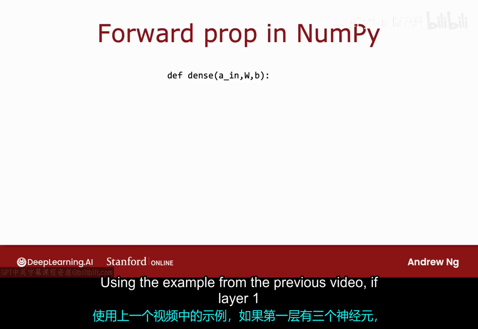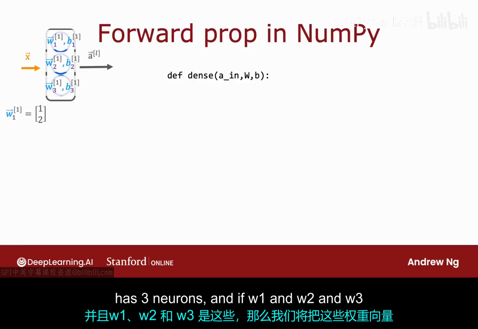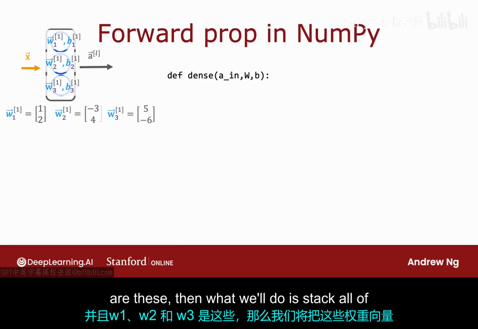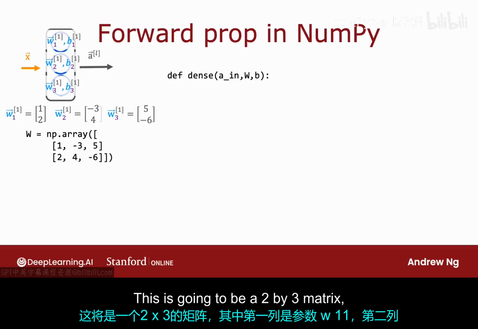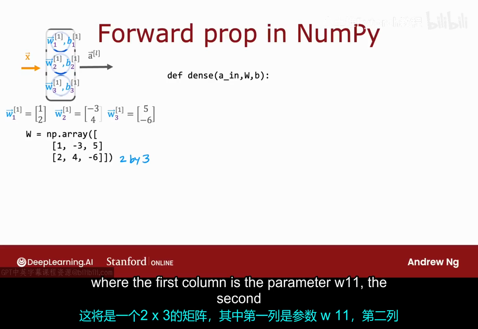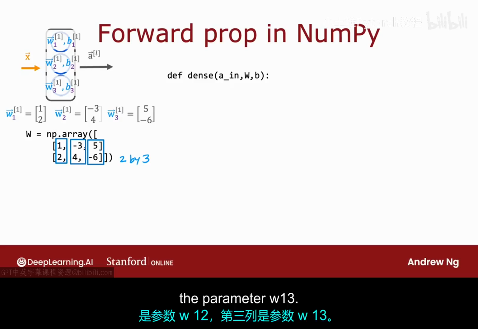Using the example from the previous video, if layer 1 has 3 neurons, and if W1 and W2 and W3 are these, then what we'll do is stack all of these weight vectors into a matrix. This is going to be a 2 by 3 matrix, where the first column is the parameter W11, the second column is the parameter W12, and the third column is the parameter W13.